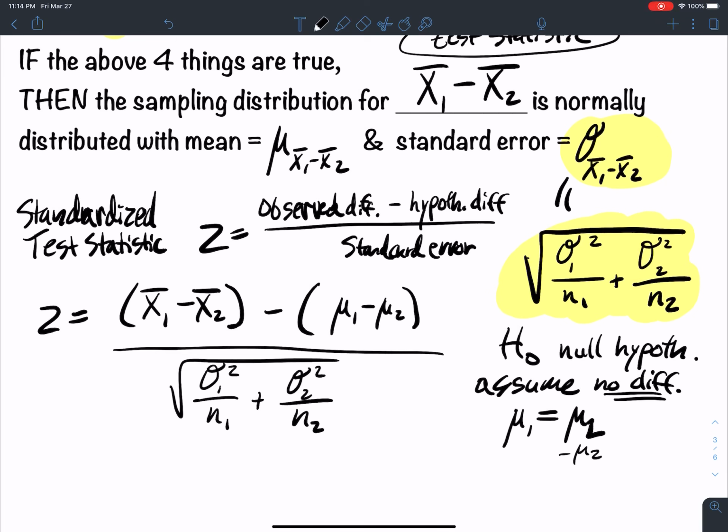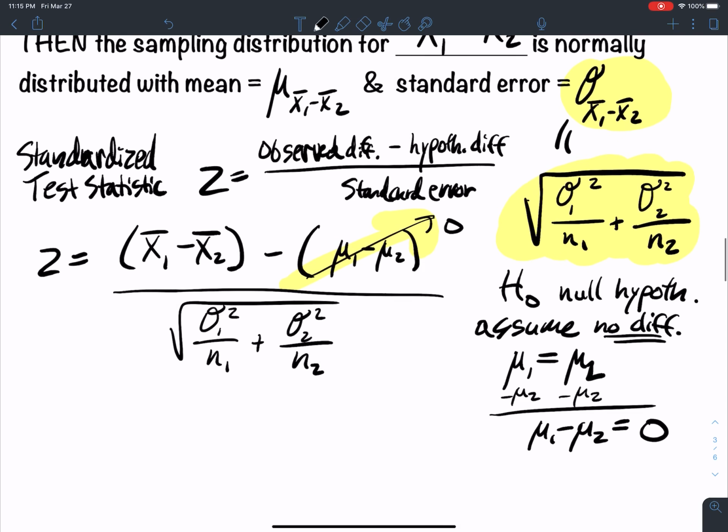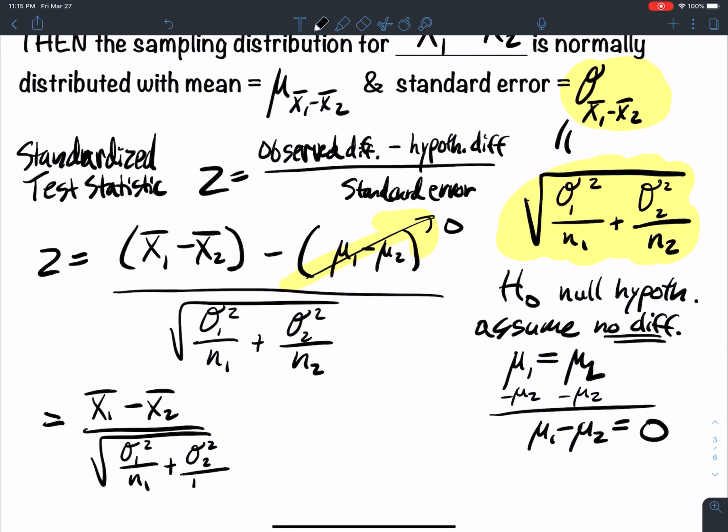If I subtract mu2 from both sides, what do I get? Mu1 minus mu2, that's equal to 0. So in the H0, in the null hypothesis, this thing is limiting to 0. Okay? So really, it kind of makes your life a little bit easier because the formula then becomes x bar 1 minus x bar 2 over square root sigma 1 squared over n1 plus sigma 2 squared over n2. Okay?